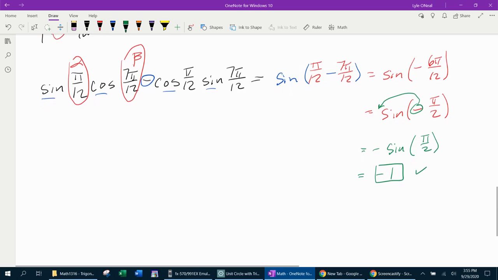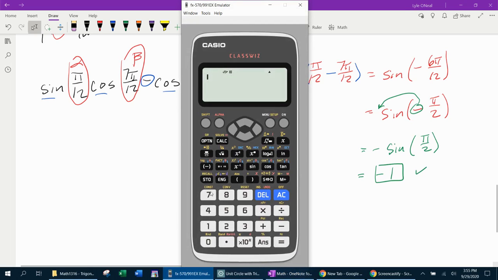And I think I will take a minute to put this in the calculator and show that this makes it super easy. So again, going to radian mode, we're going to have sine of pi over 12 cosine of 7 pi over 12 minus cosine pi over 12 sine of 7 pi over 12.